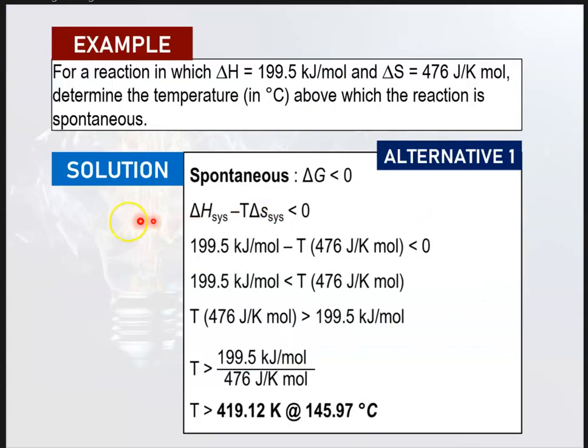Look at this example. For example, a reaction in which delta H is 199.5 kilojoules per mole and delta S is 476 joules per Kelvin per mole. Determine the temperature in degrees Celsius where the reaction is spontaneous. Reaction spontaneous means that delta G is negative.